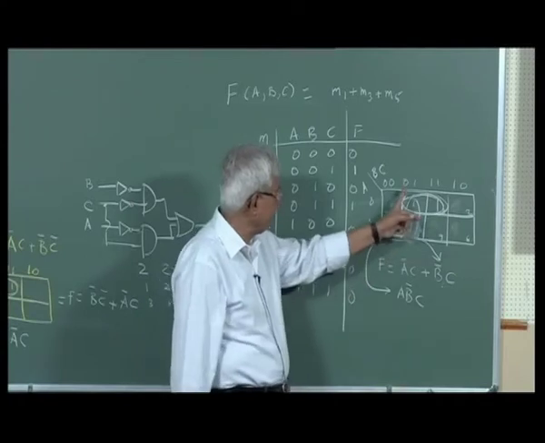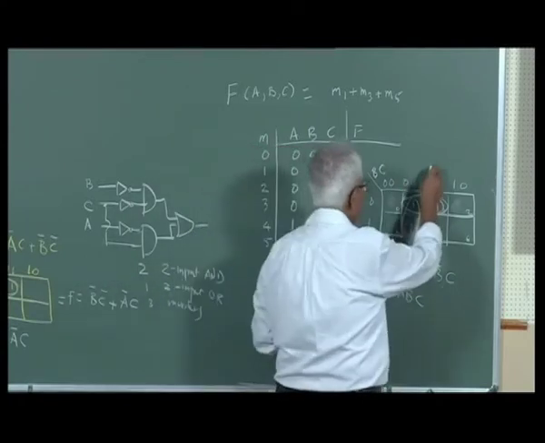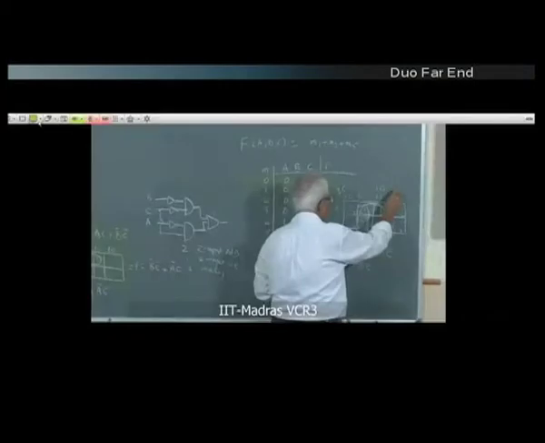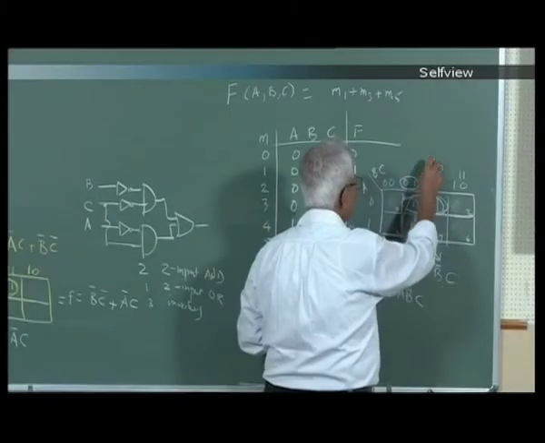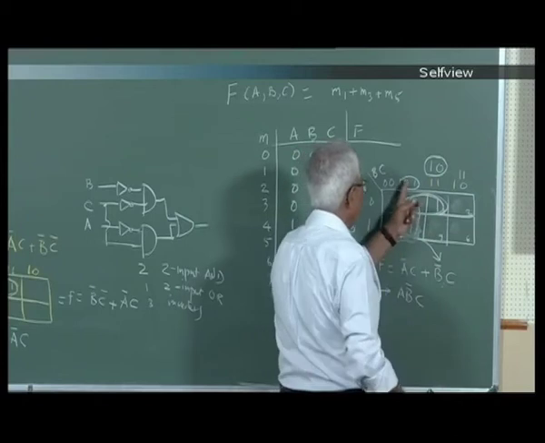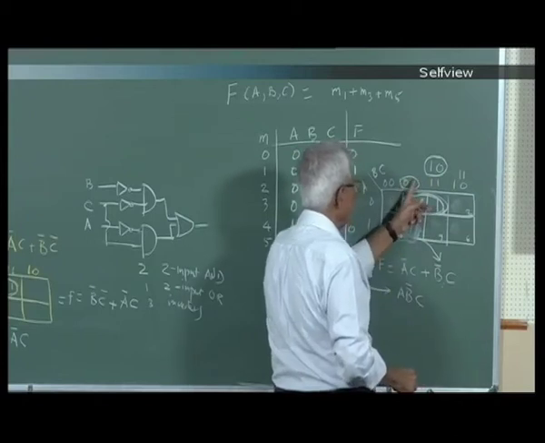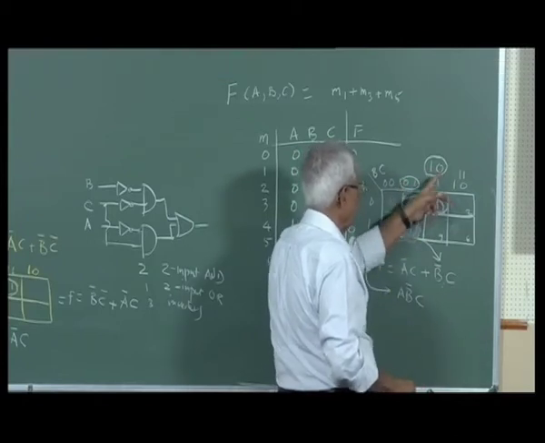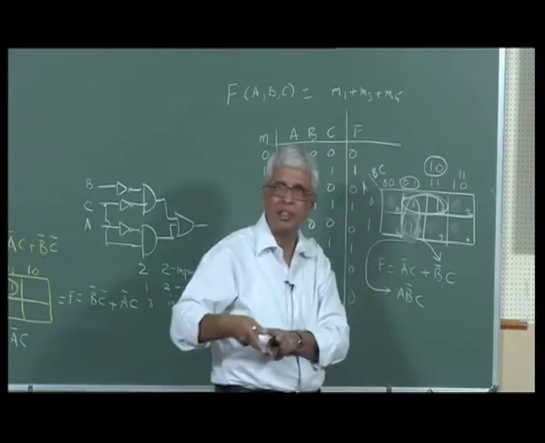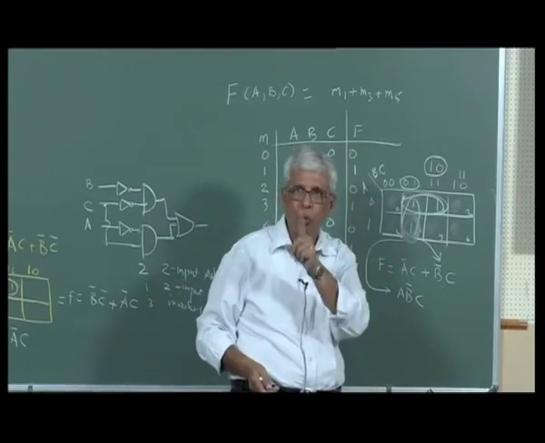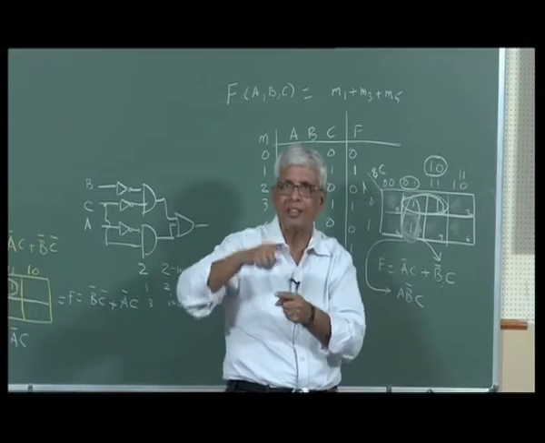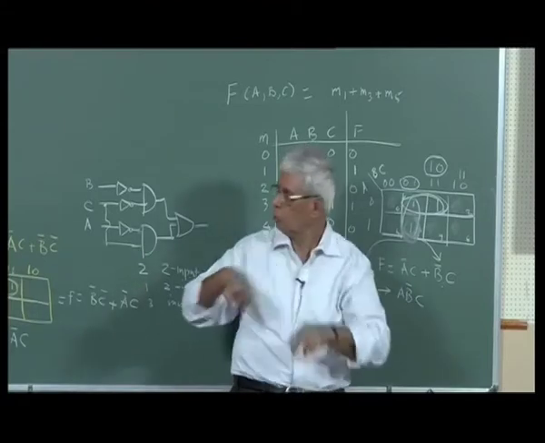If I take this as 1 0 and this as 1 1, and this is 0 1, this is 1 0. Here B is 0, C is 1; here B is 1, C is 0. Both B and C are different. I want only one term to be different from one cell to the next cell. Only then can I use this A plus A bar.